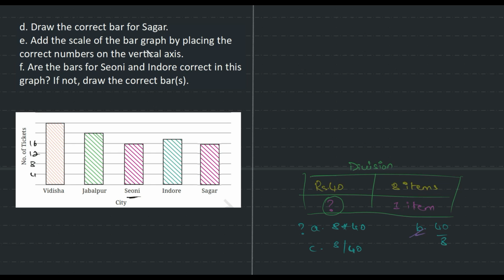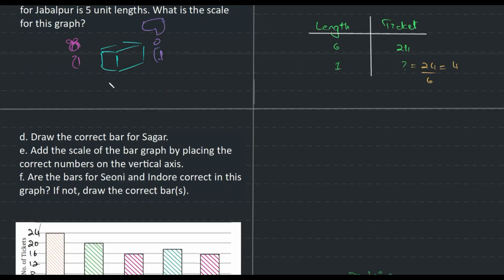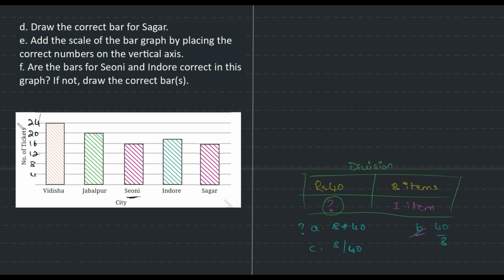Add the scale of the bar graph by placing the correct numbers on the vertical axis. Sorry, I didn't exactly get what they meant, but is it 24? It is 24. I think this is what they're talking about.